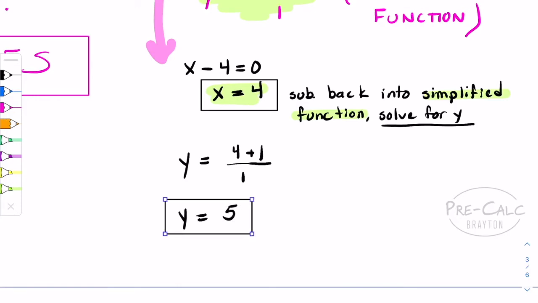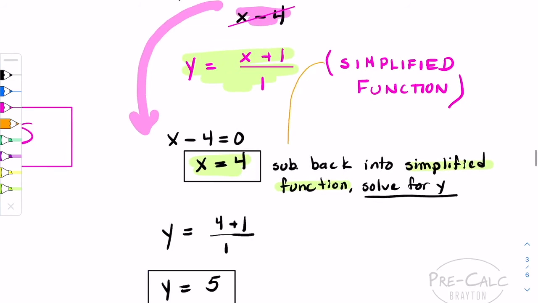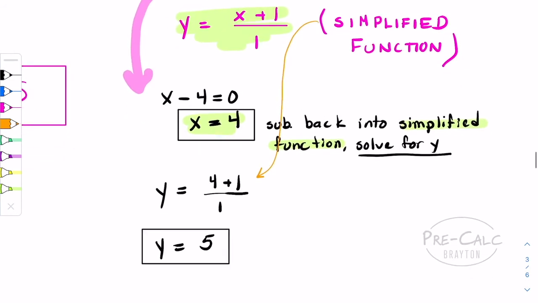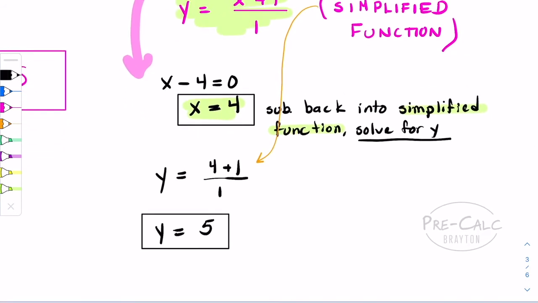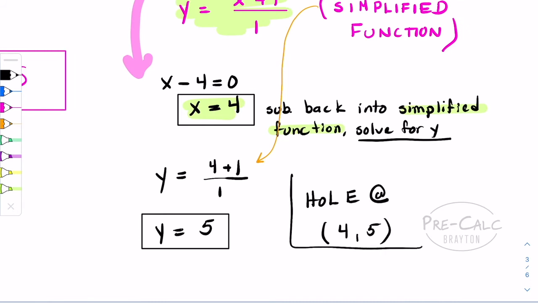Okay, again, you're substituting in from the simplified function. Super important that you get that one. So once you get to this point, you know your x coordinate is 4, you know your y coordinate is 5. That tells you that you have a hole at x coordinate 4, y coordinate 5. Here's your answer.